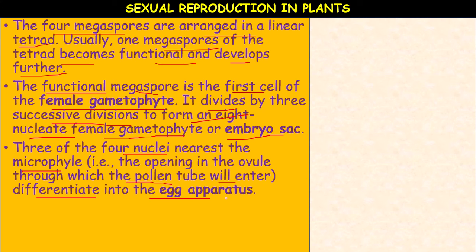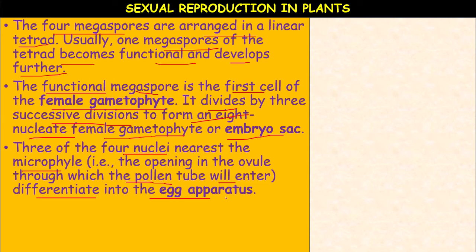Once again I am repeating, each ovule has 1 or 2 protective envelopes called integuments. The integuments encircle the ovule except at the tip where a small opening is present, called the micropyle. Opposite the micropylar end there is the chalaza, representing the basal part of the ovule.